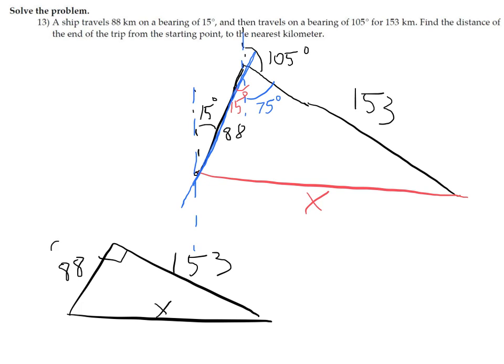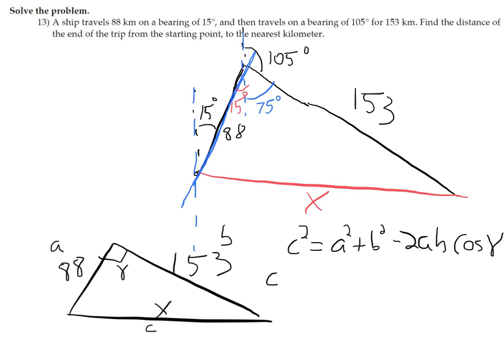We call this A, call this B, we're looking for C, and we have gamma. So we could do a law of cosines. It's interesting, I want to do this one this time. We'd have c squared equals a squared plus b squared minus 2ab cosine gamma. When we plug this stuff in, notice a squared plus b squared minus 2ab cosine gamma. What is gamma? 90 degrees. And what is cosine of 90 degrees? Why, it's 0.